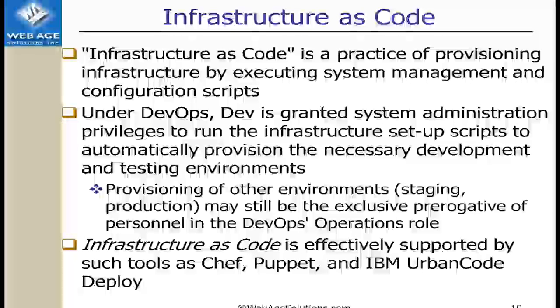Software delivery lifecycle time reduction, again, is part of that lean aspect of DevOps. Infrastructure as code, some people get confused. It's one of those as-a-service models where you've got infrastructure as a service, platform as a service, maybe failure as a service, you name it. But this term is used to refer to the practice of provisioning infrastructure by executing administration scripts, where you have everything scripted, which would allow you to produce the environment in the state which you are after.